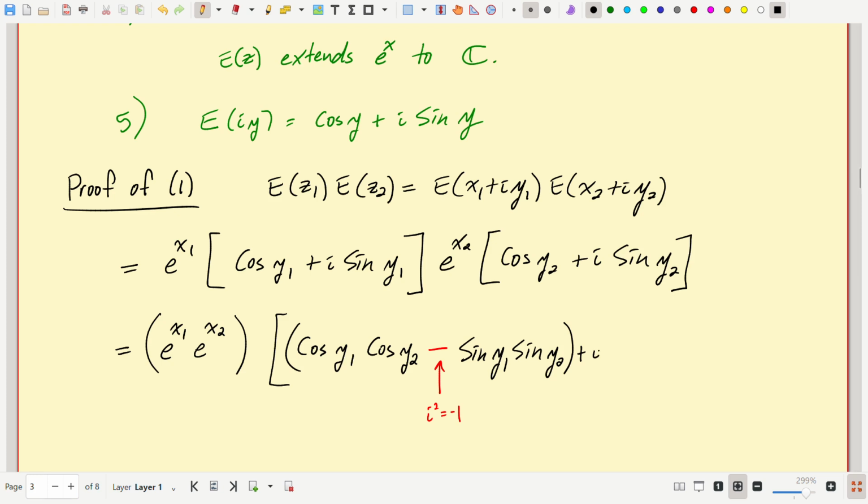Then the imaginary part would be i times a cosine y1 sine y2 cross term, and a sine y1 cosine y2.